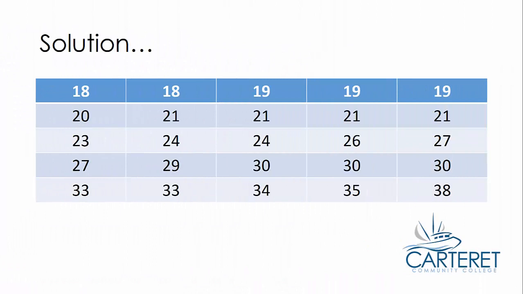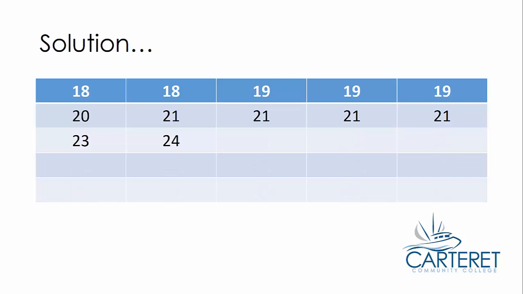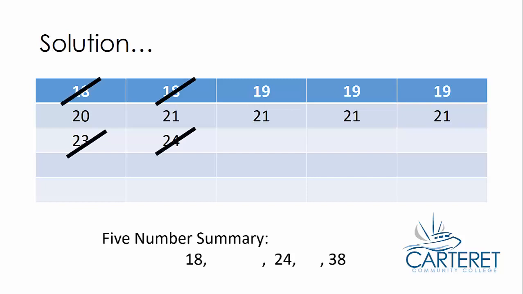Now let's take a look at finding the first quartile. Remember, the first quartile is the median value of the lower half of the data set. Since there were 2 values remaining, we want to find the value that is halfway between 20 and 21. So the first quartile has an age of 20.5 years.